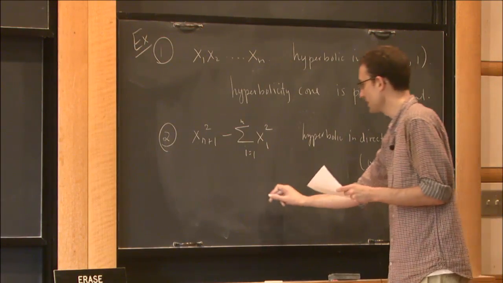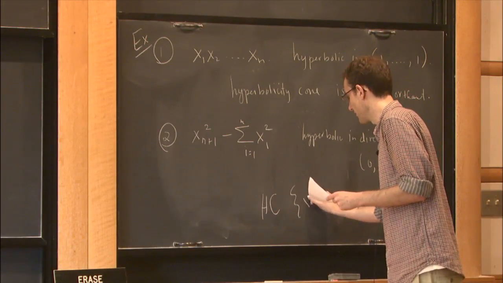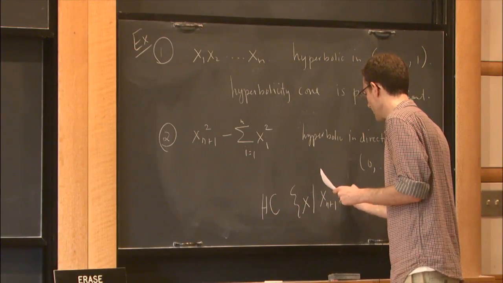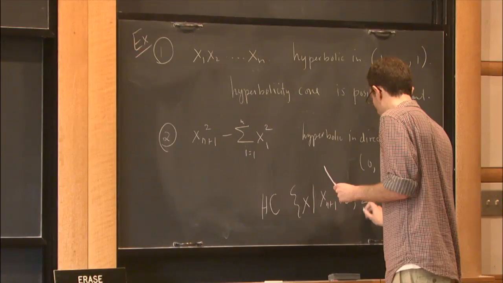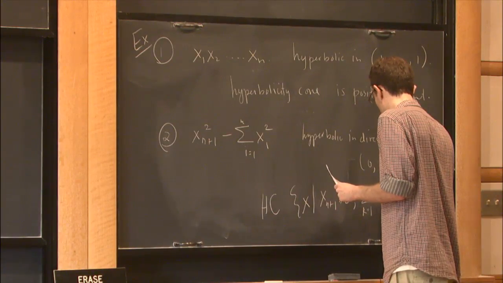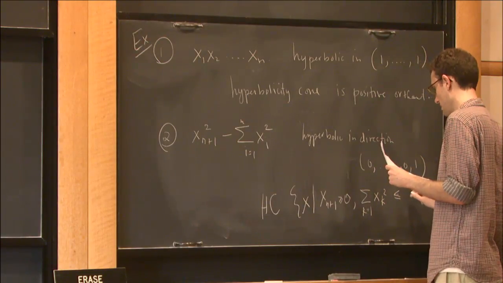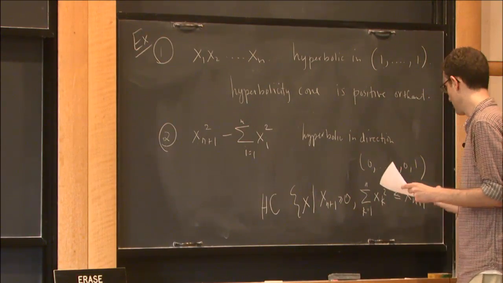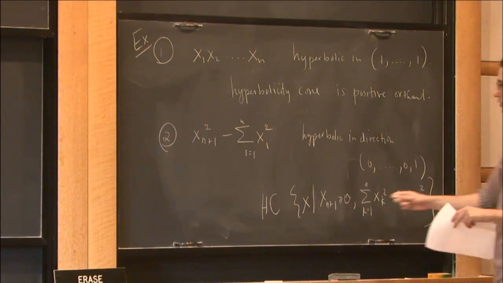And its hyperbolicity cone is the set of x such that x_{n+1} is greater than or equal to 0. This is called a Lorentz cone.